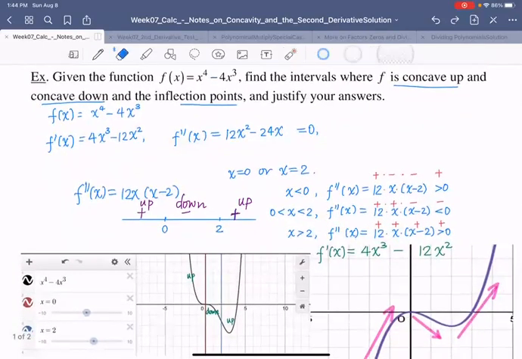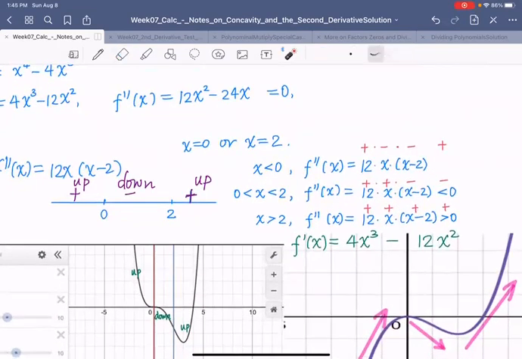Let's look at here. Angela, look here. The second derivative equals 12x squared minus 24x, which is 12 times x times x minus 2, correct? And if x is negative, this is negative, yes? And this is negative.